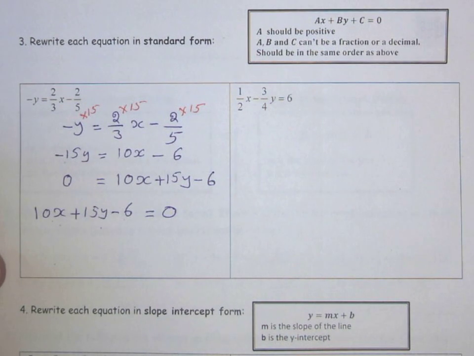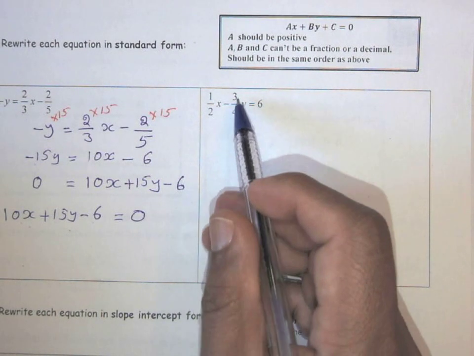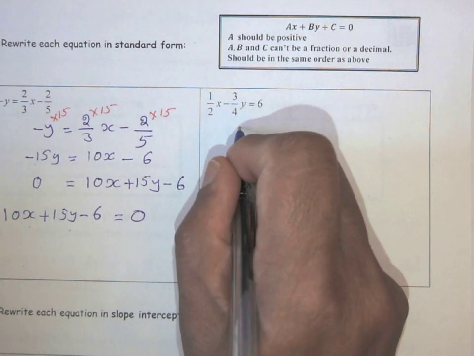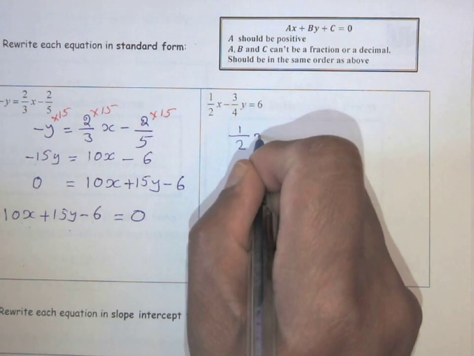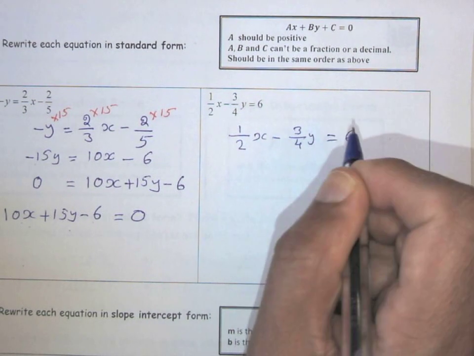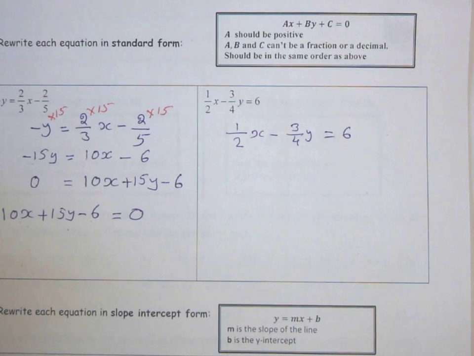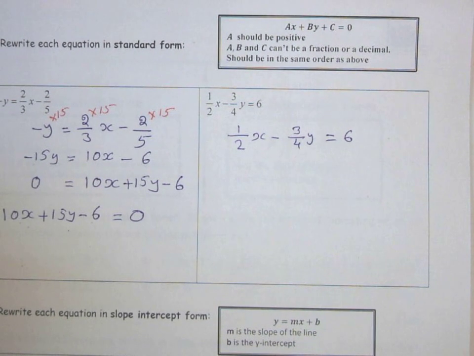Okay, let's do the next question. The same way that you have seen here, there are two fractions here. So let me rewrite that question once more: half x minus 3 over 4y equal to 6. So how do we eliminate the fraction? By multiplying with a magic number. What is the magic number here?